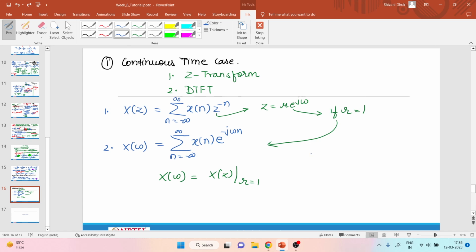So this is the relation, and another thing that you observe here is this r equal to 1. R equal to 1 indicates your unit circle of radius 1, and if this unit circle is in the ROC, then the Fourier transform exists.